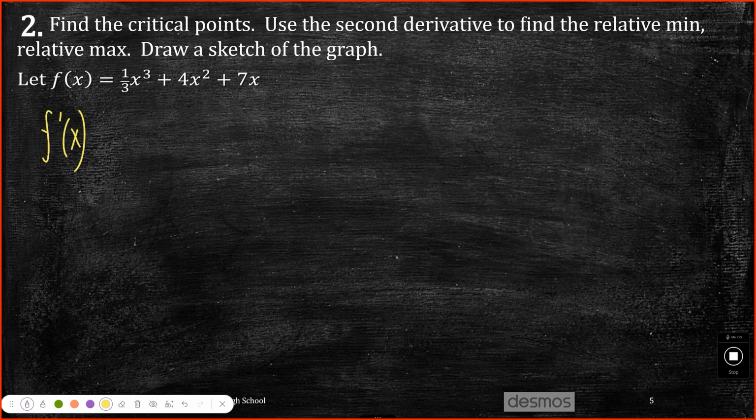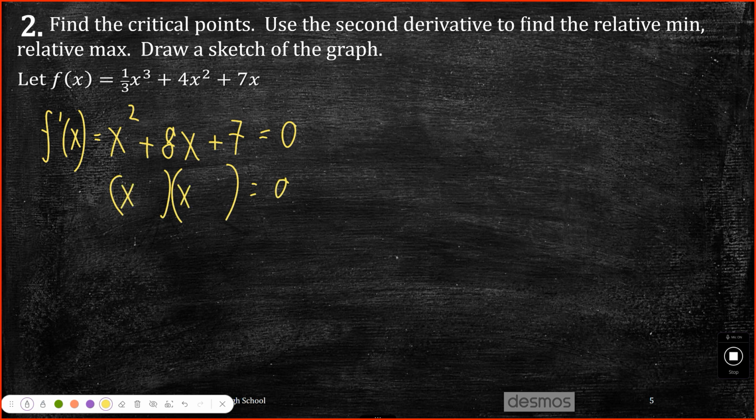F prime of x is x squared plus 8x plus 7. Set it equal to 0. Find the factors. What are the numbers? 7 and 1.